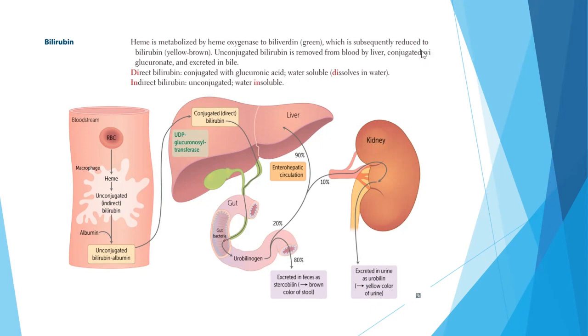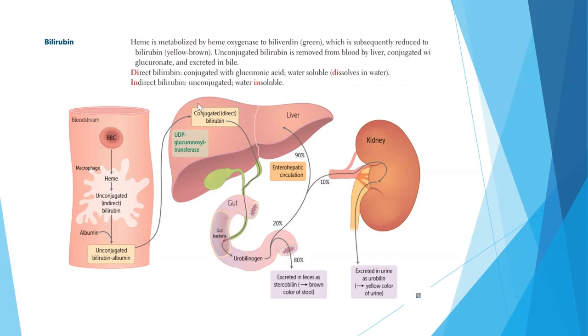So RBC heme produces unconjugated or indirect bilirubin, which binds to the albumin and forms the unconjugated bilirubin albumin complex, and then it goes into the liver and converts into the conjugated or direct bilirubin under the action of UDP glucuronosyltransferase, getting conjugated with glucuronic acid.